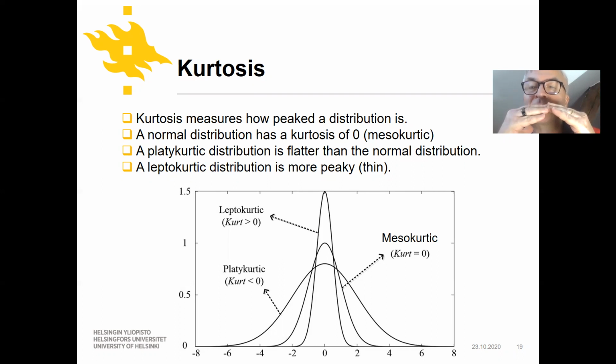Like a platypus is a very strange animal from Australia with a flat nose. So this platykurtic is also kind of spread out. You have peaked, spread out, and normal distribution.